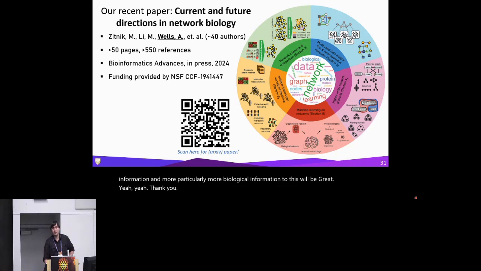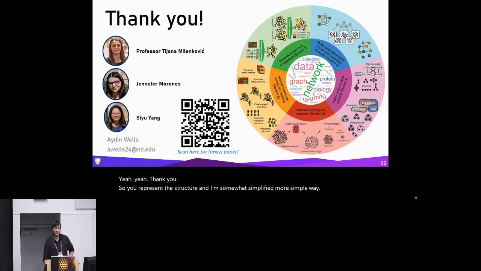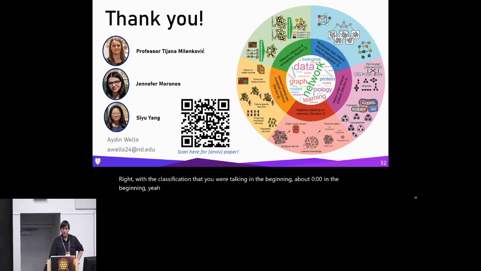So you represent the structure in a somewhat simplified way, and then you show that you can recapture the classification of structures, with the classification that you were talking about in the beginning. Then at the end, you're talking about conformational changes, and you're using the simplified structural representation, and you show that you can capture the changes in the structure.